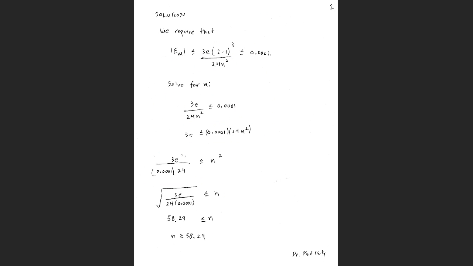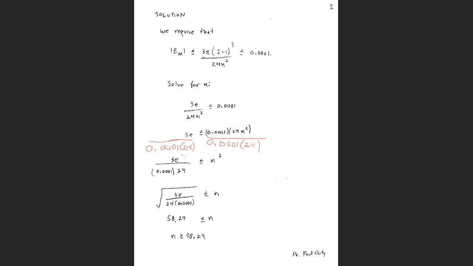Incidentally, when I divided both sides by 0.0001 times 24, I thought that when I divided an inequality by a number, sometimes I had to worry about the inequality switching signs.